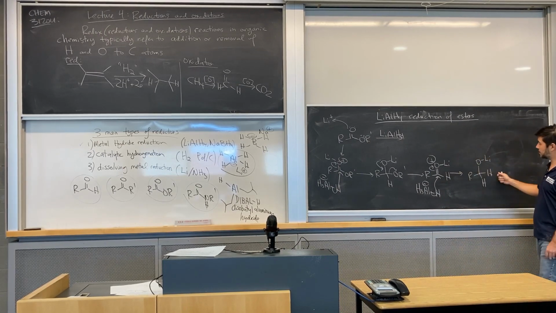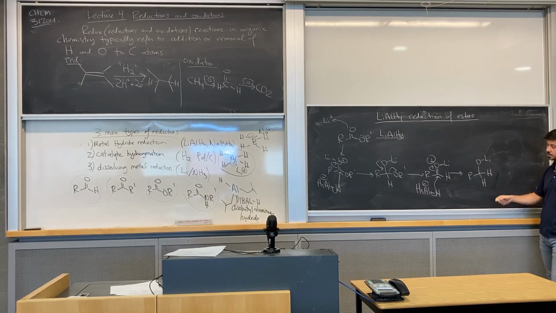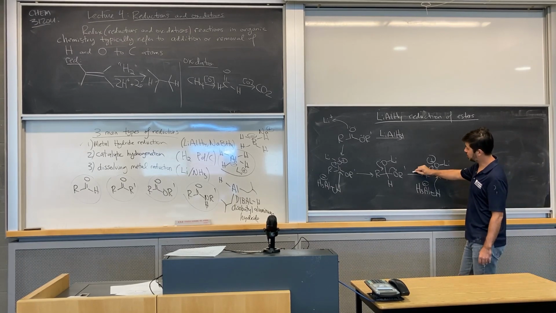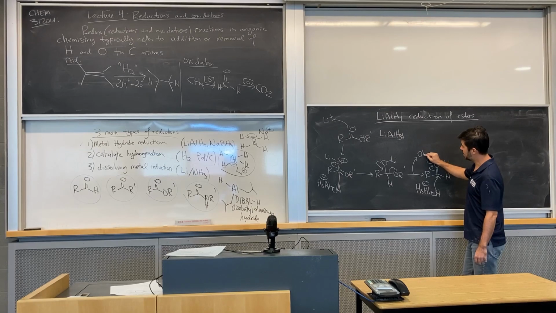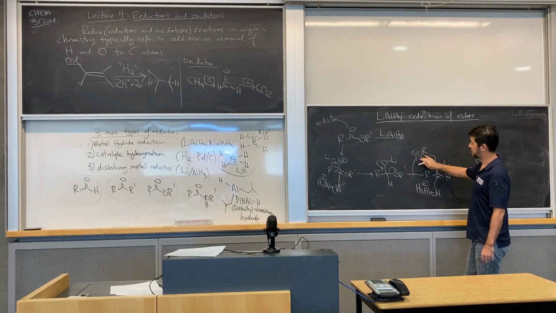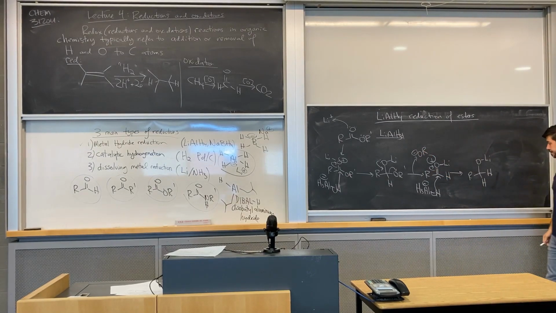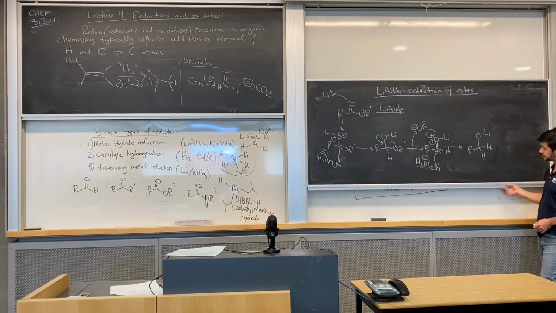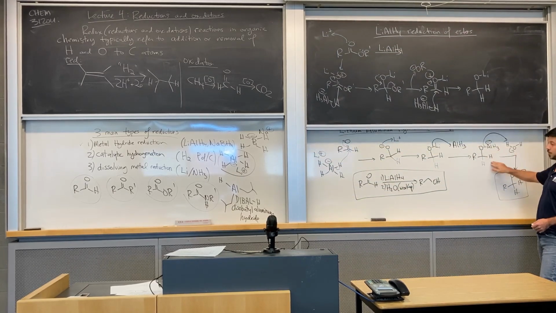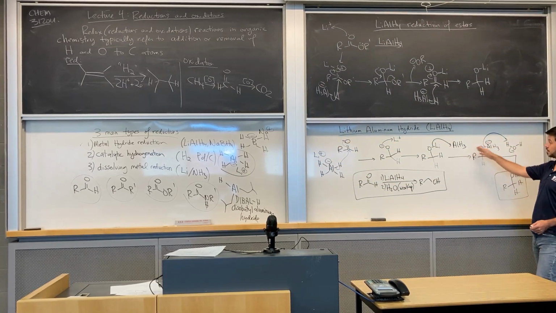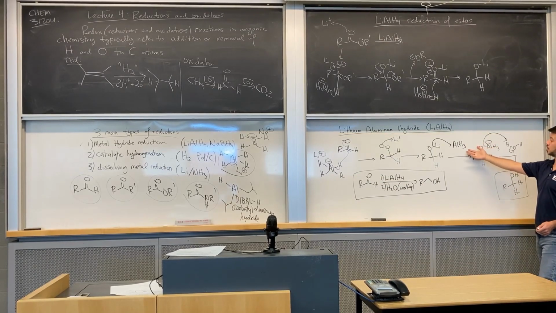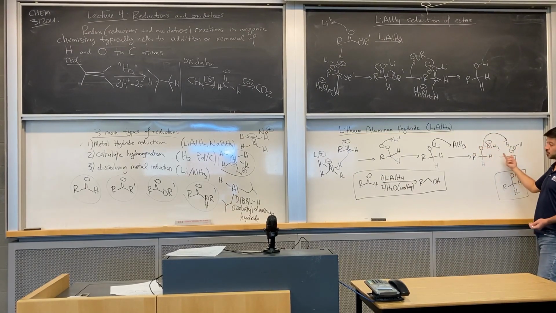Okay, so you can see that we've gone from an ester. We have 2 hydrogens attached here. Also keep in mind that we've released an alkoxide. And then once we make this molecule here, this is going to behave very similarly to what we had over here, right? Transfer of the aluminum trihydride, and then quench the reaction, and then you'll generate your alcohol.